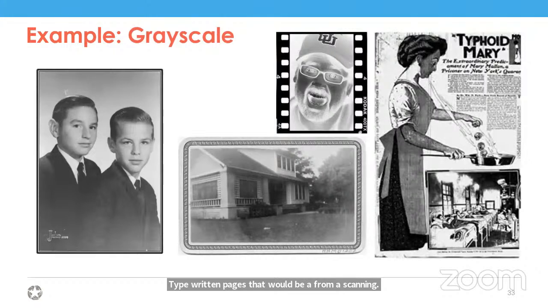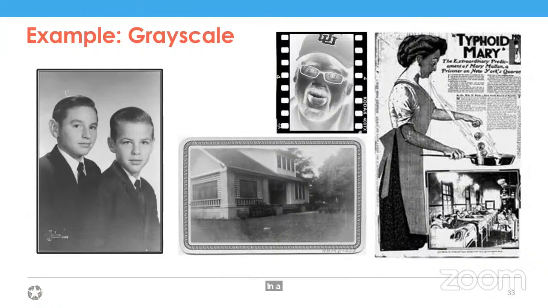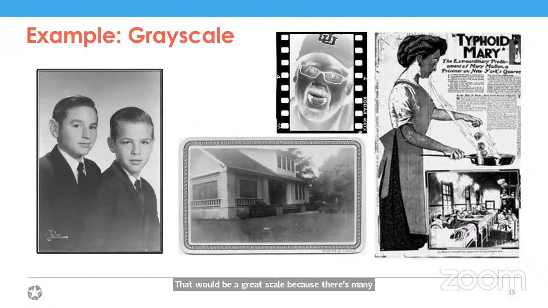From a grayscale, you may run into printed black and white photos, a black and white film negative, or a photographic art illustration of something printed in a magazine. That would be a grayscale because there's many different tones. It's not just black or white. It's got grays and a lot of different tones in it. So hence grayscale.